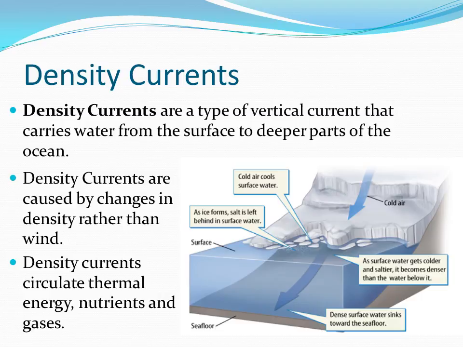Now let's talk about density currents. These are the currents that carry water from the surface to the deeper parts of the ocean. And these tend to be affected more by temperature than anything else. So think of the water at the ice caps, the North or South Pole.